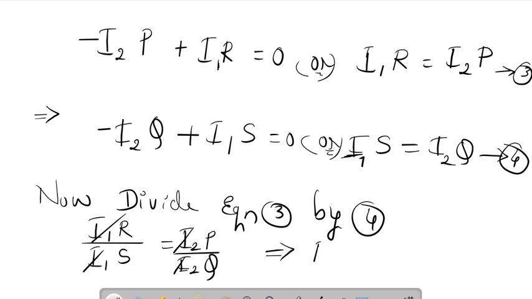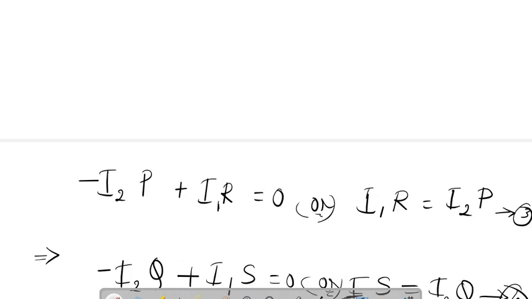We will get P by Q is equal to R by S. This is the equation for the Wheatstone bridge. Okay, this is all about the Wheatstone bridge. So let me explain you once again.